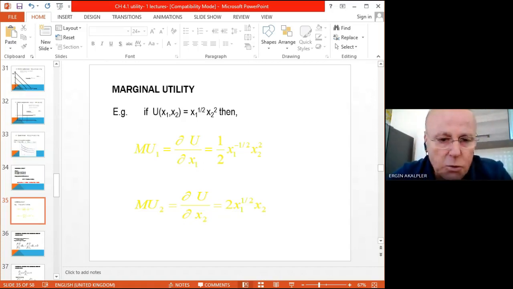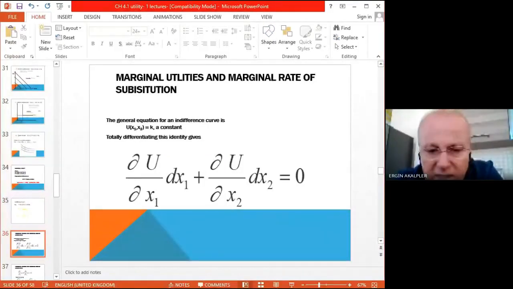Therefore you will get these two equations, and then you apply this marginal utility and rate of substitution to understand how it is realized. Delta u over delta x1 multiplied by delta x1 plus delta u over delta x2 multiplied by delta x2 is equal to 0, because the change in utility on the indifference curve is zero, as I mentioned before.